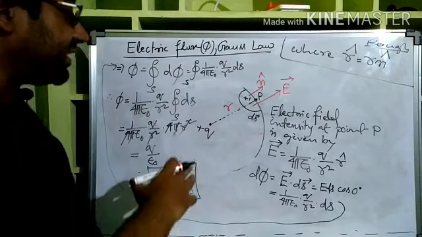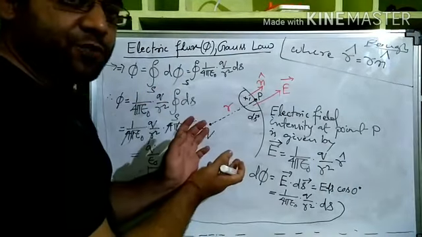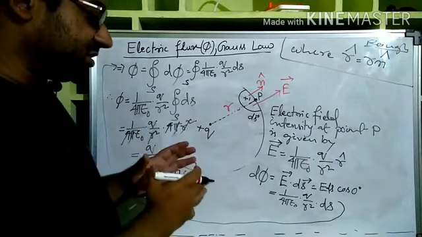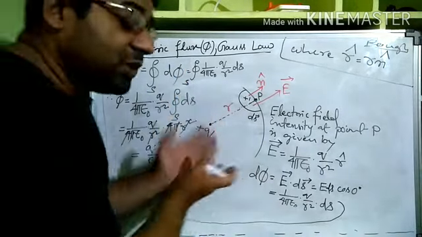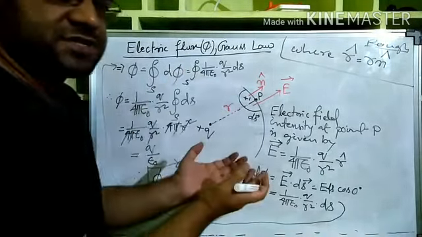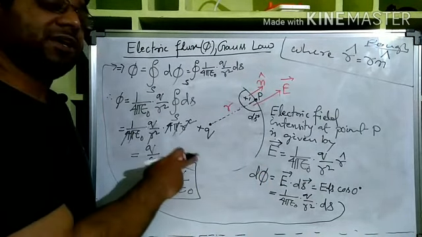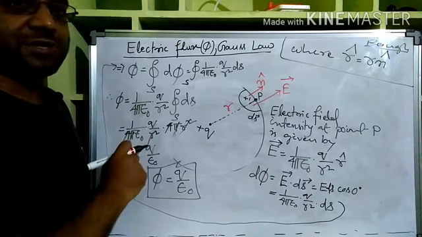For a symmetrically closed surface, for a sphere we have proved, which is not in your syllabus, but I must mention here that it is not only for a sphere. If we take any closed surface, this is always true. Phi is equal to 1 by epsilon naught times the charge enclosed in the surface.